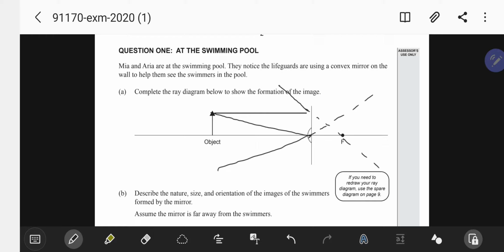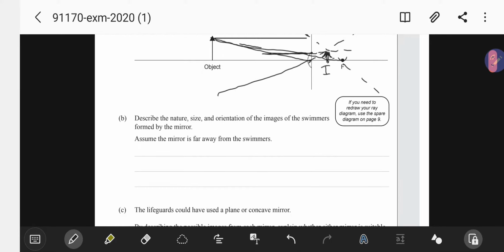And we can do another one, a line that goes towards the focal point like here, but from here it's going to reflect parallel to the principal axis. So here we go, here's our image. Okay, this is not the best diagram, but you get the idea.